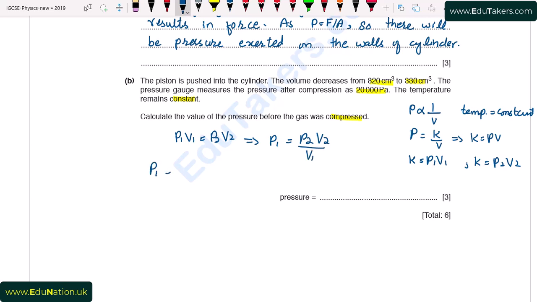So P1 will be equal to 20,000 multiplied by 330 cm3 over 820 cm3. So pressure comes to be 8,000 Pascal. The unit of pressure is Pascal.